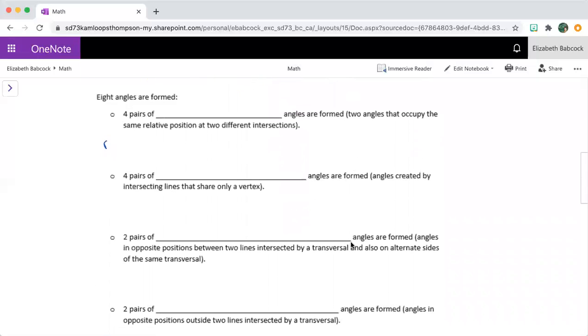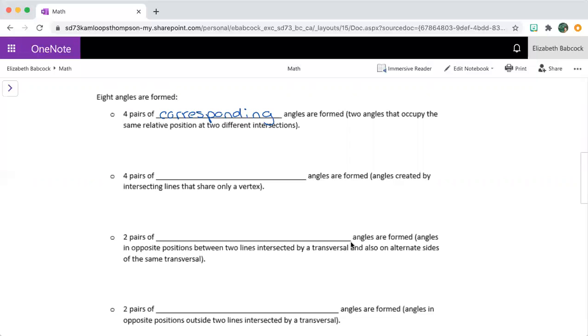I'm not going to leave it showing considering you can see it on your notes. If we are looking at the diagram, we have 4 pairs of what are called corresponding angles. These are just 2 angles that occupy the same relative position at 2 different intersections.